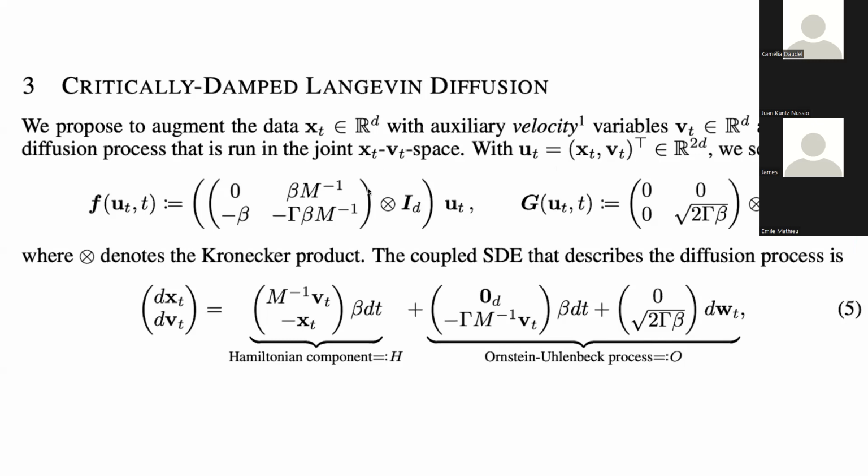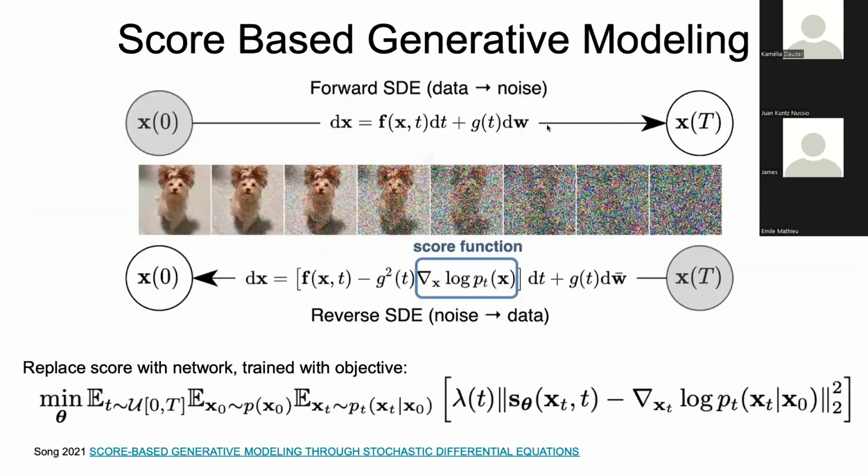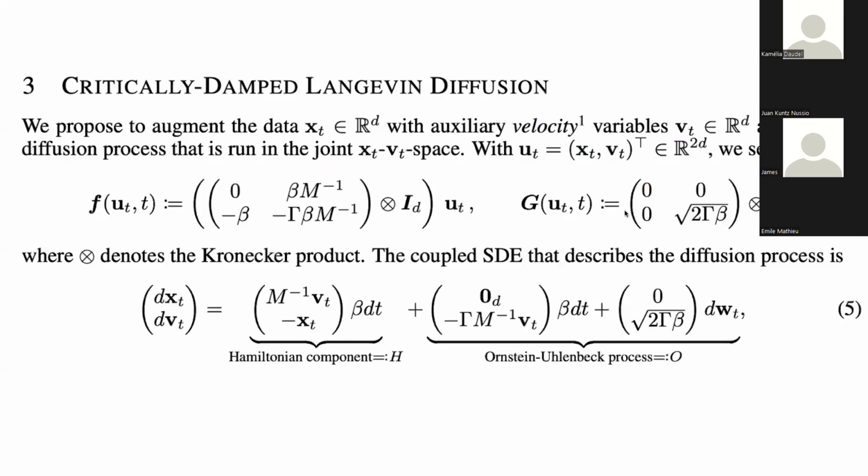So your drift is this f, and the associated variance is this g. Recall we had f and g; replace them with these terms here.